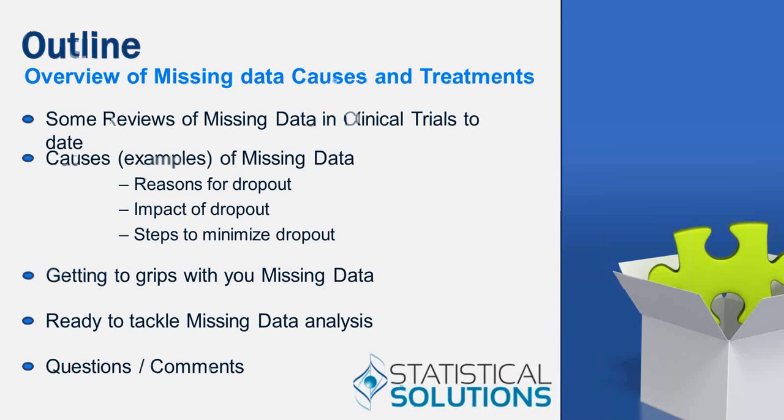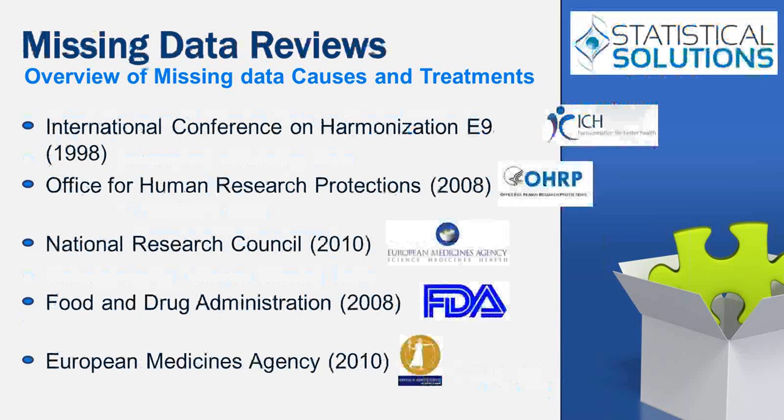We'll be looking at getting to grips with your missing data once you've collected your data at the end of the trial, getting ready to tackle missing data analysis then, with a view of imputation down the line or any other applications you have, and then we'll make some time for questions and comments along the way as well as at the end.